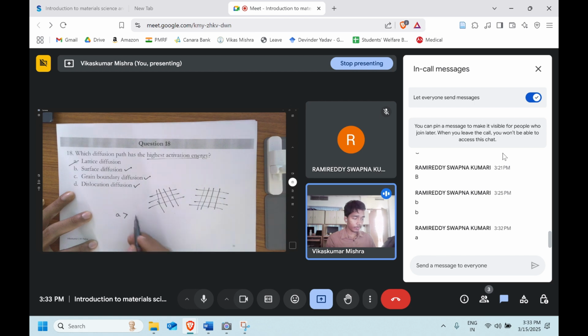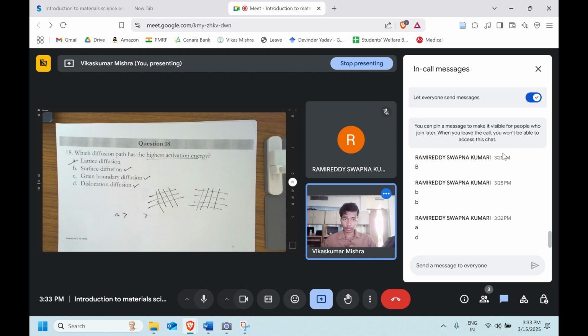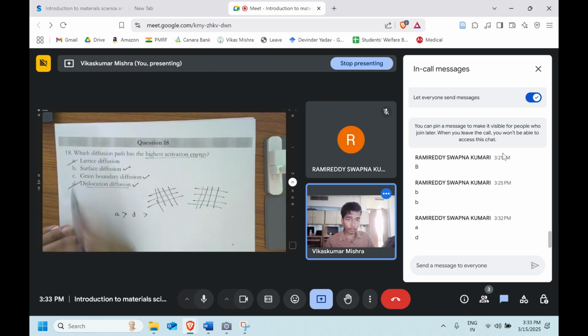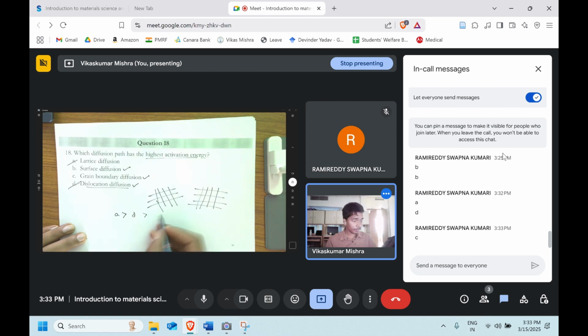D, C, or B, which one should I write? What do you think? After lattice diffusion, which one has the second highest activation energy? That is option D, perfect. Dislocation diffusion. What will be the next one, surface or grain boundary?